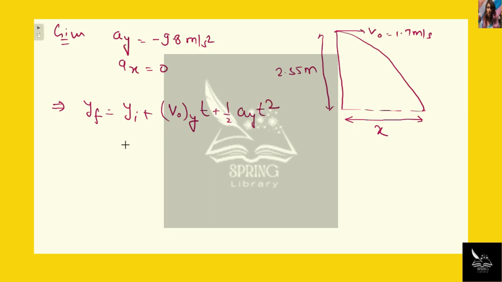From here we get the time taken by the water to fall. So 0 equals 2.35 plus 0, since there is no initial velocity in y direction, plus half times minus 9.8 times t squared. From here t comes out to be 0.6925 seconds.